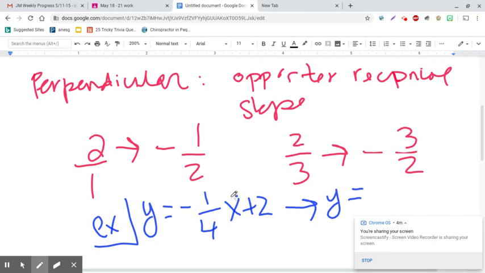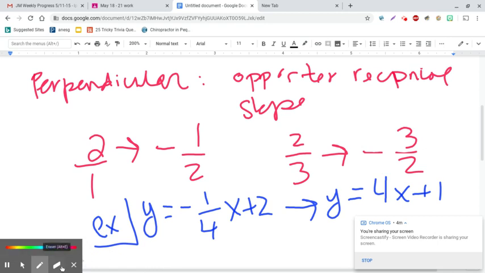The 4 would go on the top, the 1 would go on the bottom, which means it's just 4x, pick any number. It could have the same y-intercept. It doesn't need to, though. So you can just put anything. All right? So those would be perpendicular lines, okay? So anytime the slope is an opposite reciprocal.